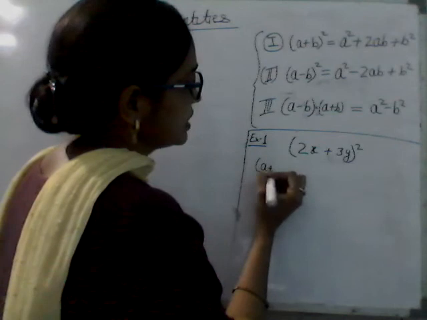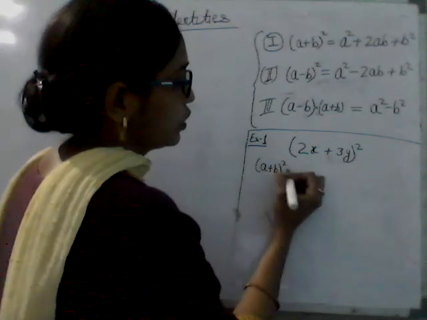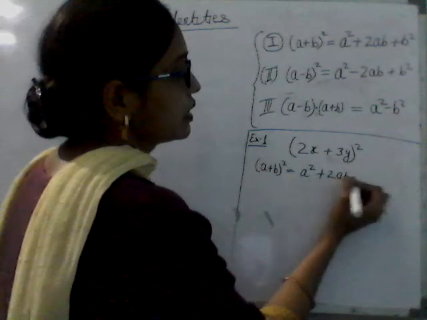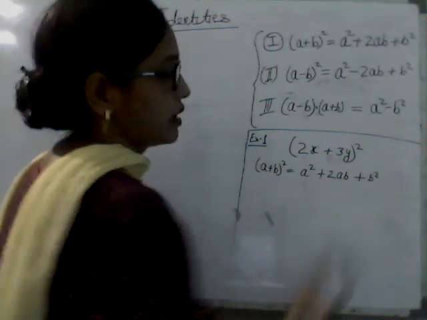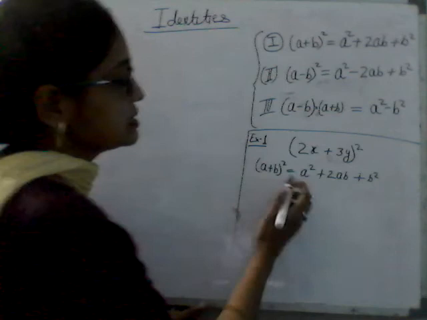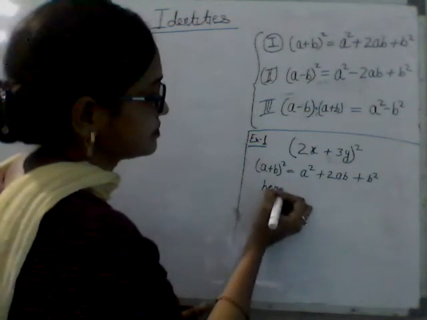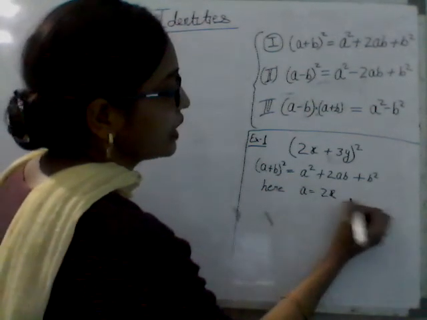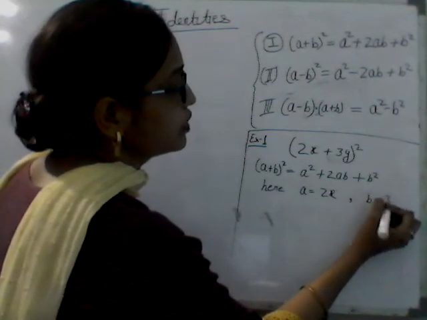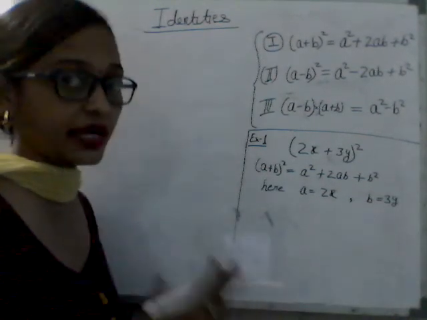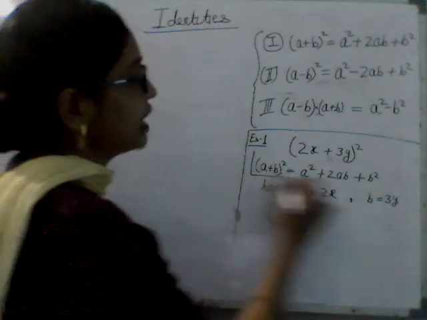Identity number 1 is (a plus b) whole square equals a square plus 2ab plus b square. By comparing, a equals 2x and b equals 3y. Now put the values of a and b in the given identity.